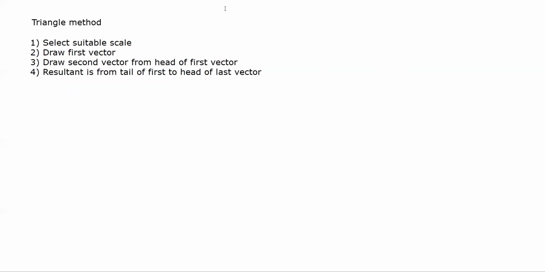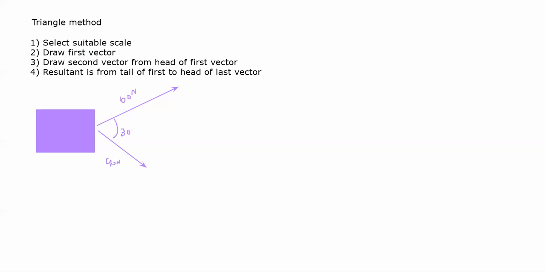I'm using the same example so you can understand how it can be done. Say two vectors are there: one is 60 Newton, another is 40 Newton, making an angle of 30 degrees with each other. First, we select a suitable scale as we did earlier.